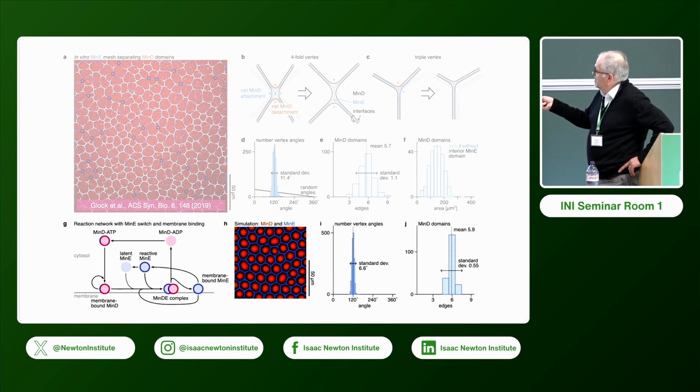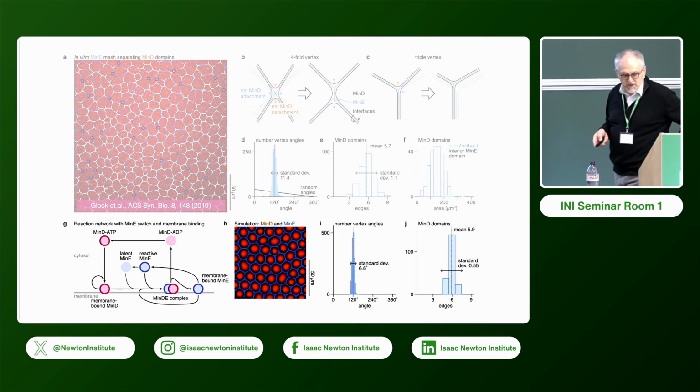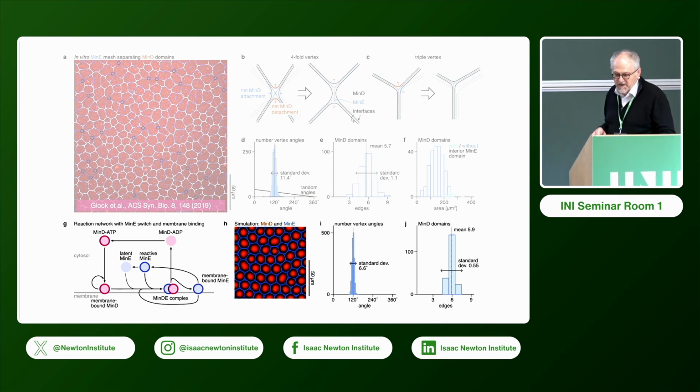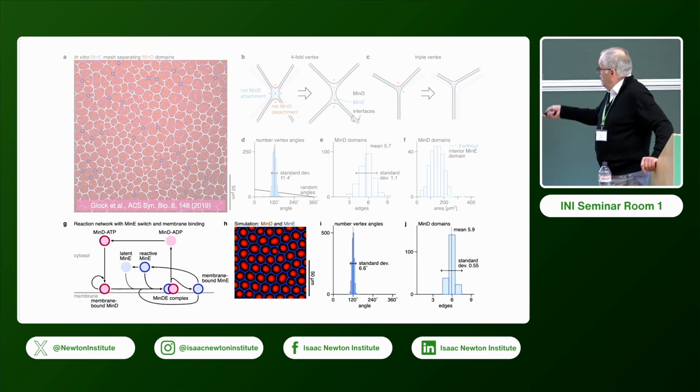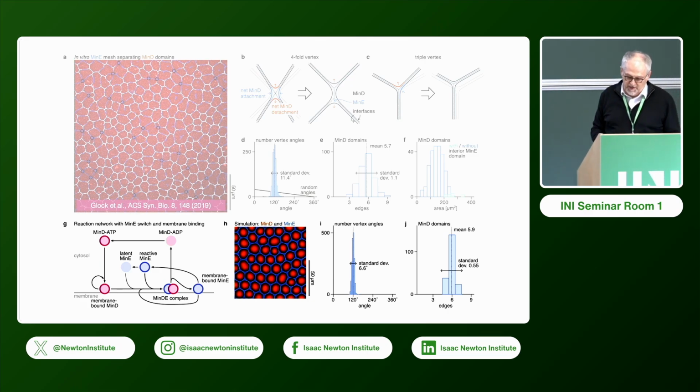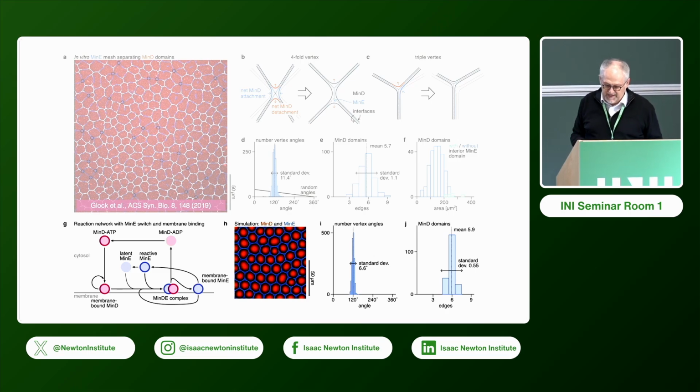Here there's a few additional interactions that are not so important for those that are not experts, but in addition to the min proteins doing the cycling, there's 2 different states of min E, and there's some reaction that makes one of the proteins reside longer on the membrane. So there's 2 additional features here that you need to be quantitative in order to compare with the data. Well, you find the same kind of patterns, you find the same kind of 120-degree angles, and you find the distribution of edges also centered around 6. So also on the computer, this is a nice foam.